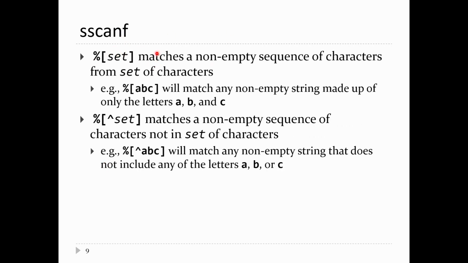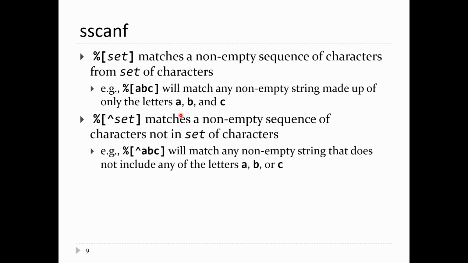Okay, so what is this funny square bracket notation? You can put in any characters you want into the square brackets. So percent square bracket stuff matches any non-empty sequence of characters from that set of characters. So percent square bracket ABC will match any string made up of the characters A, B, and C. It'll match A, B, C, CBA, AAA, BBB, CCC, as long as it only consists of A's, B's, and C's.